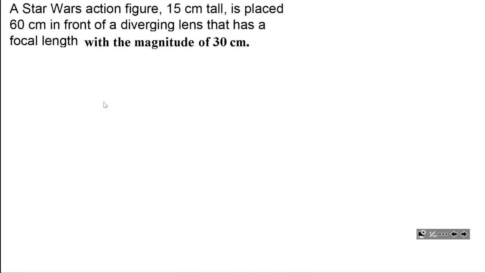Well, now we have to follow the strategy to calculate whatever we need to calculate. Lens, not a mirror. So we need to remember different symbols for different types of devices.